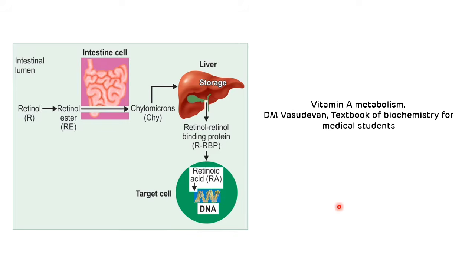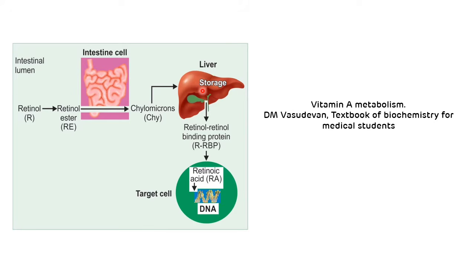Now vitamin A metabolism. So retinol, which is synthesized from retinal by the retinal reductase enzyme, is absorbed in the intestinal cell along with various lipids and bile salts. From the intestinal cell, it is transported to the liver for storage along with chylomicrons, and in the liver it is stored in the form of retinol palmitate.